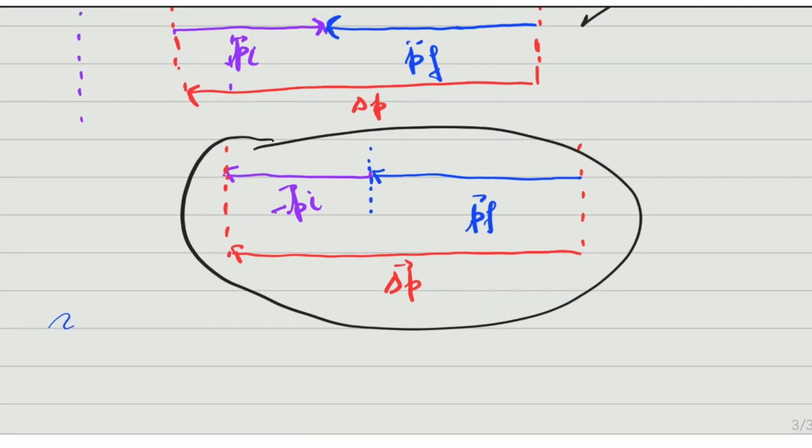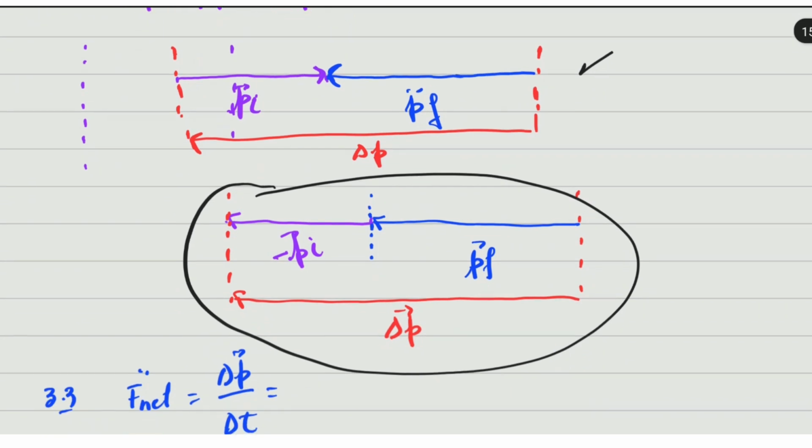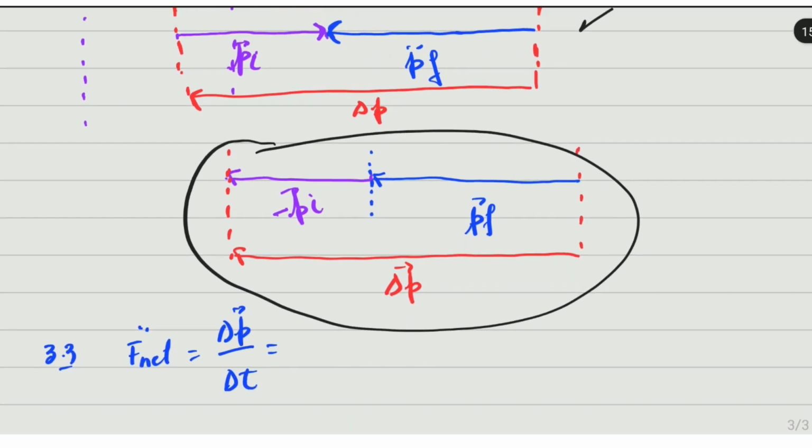So question 3.3, they're just asking you to calculate the value of the net force using Newton's law in terms of momentum, which is equal to change in momentum divided by change in time. You read it as rate of change in momentum. Change in momentum was calculated there. So all we have to do is to substitute.